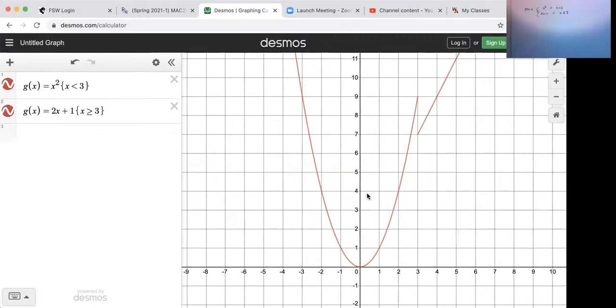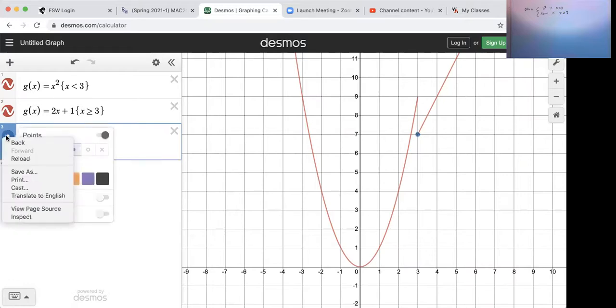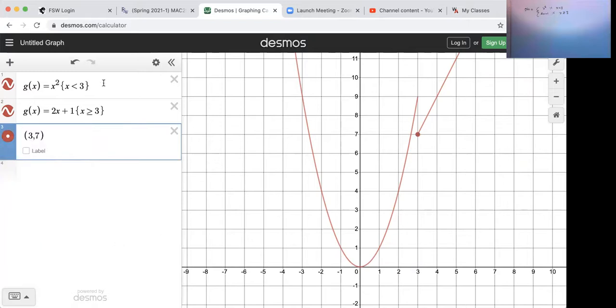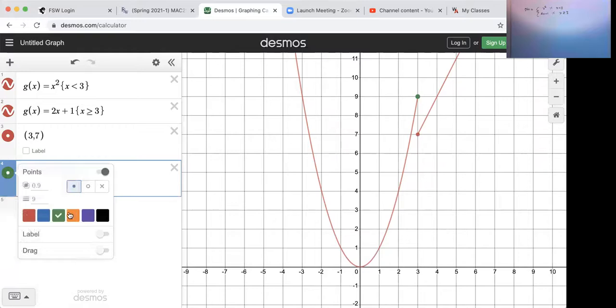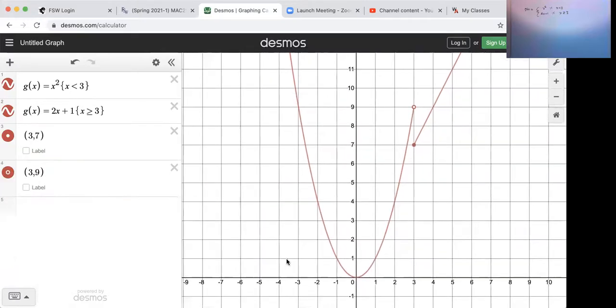And if x is 3, we use 2x plus 1. 2 times 3 is 6 plus 1 is 7. So therefore, this point is a solid dot. And this point, as we get close to 3, would be an open dot. So you would say this is right continuous, but not left continuous from this picture.